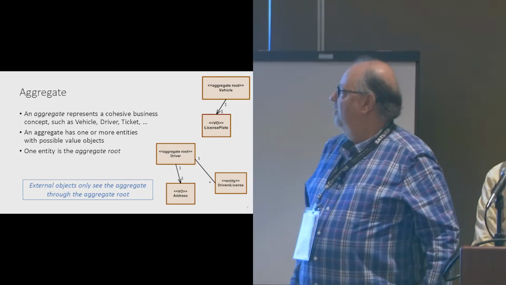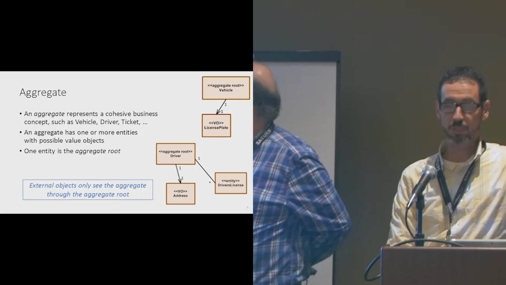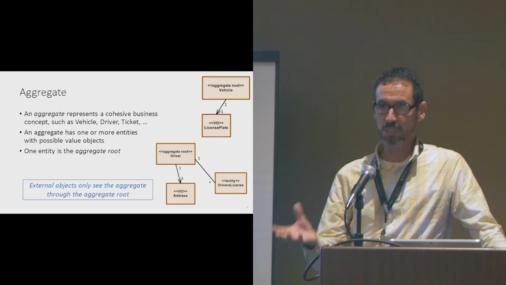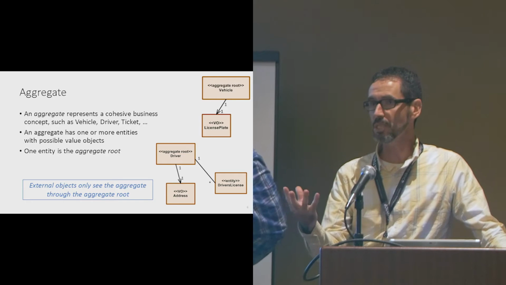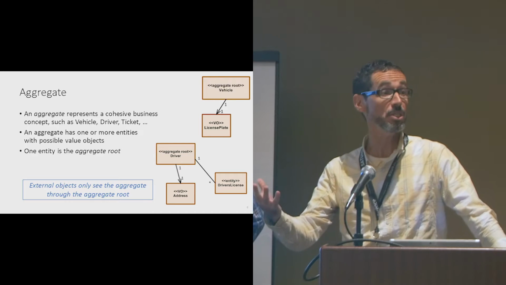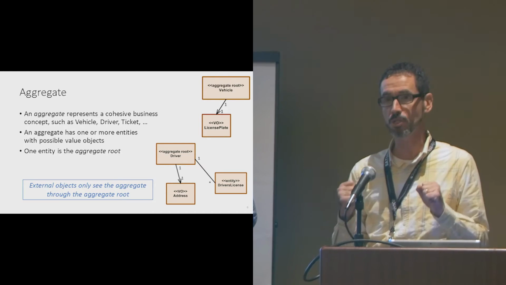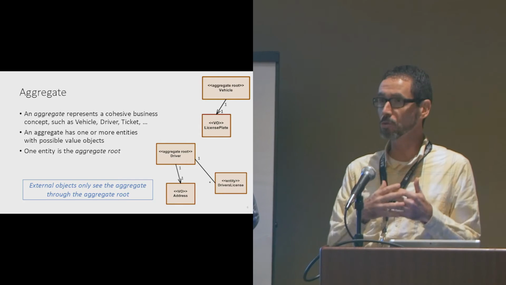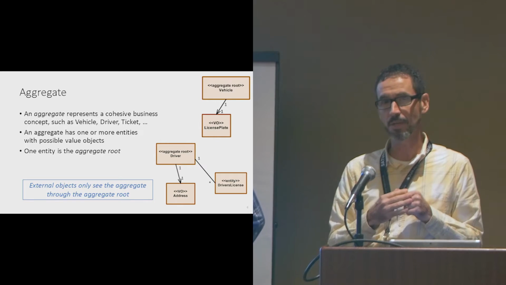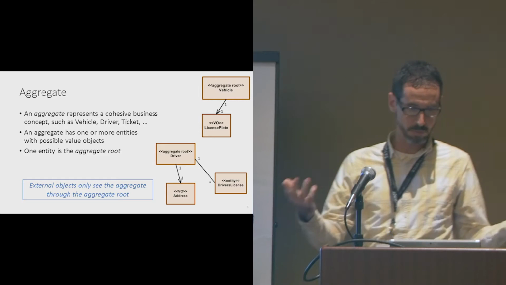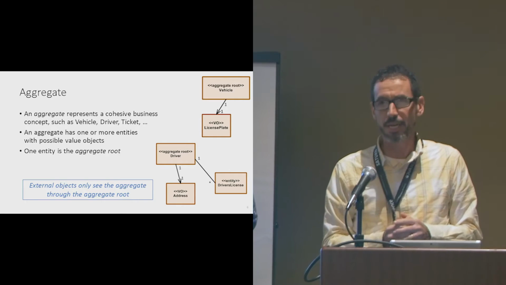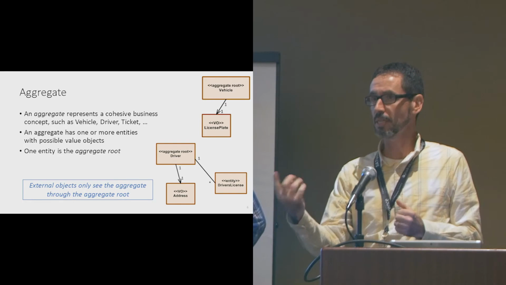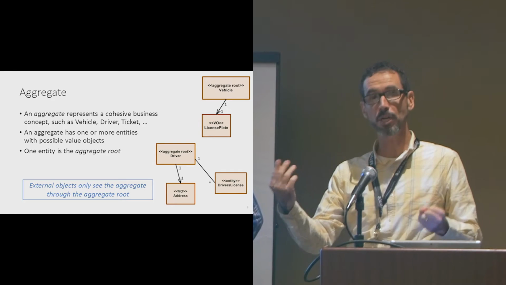Then we have the notion of an aggregate, which is a cohesive business concept that typically consists of one entity, maybe two, maybe three entities, but it's a small cluster of entities that are closely or logically associated, right? For example, a vehicle can be an aggregate, and an aggregate has at least one entity that is the aggregate root.